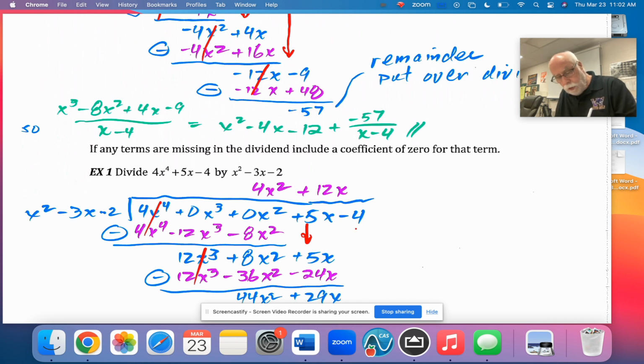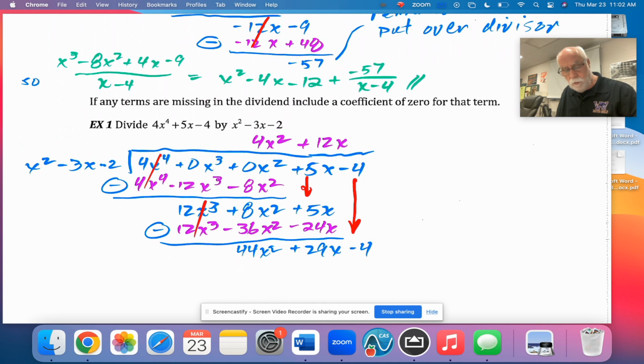And one more time, we're going to bring down the number. And let's do it one more time. X squared times what gives us 44x squared? You would tell me it would be plus 44. Again, I'll do the multiplying for you. That'll give us 44x squared minus 132x and minus 88.